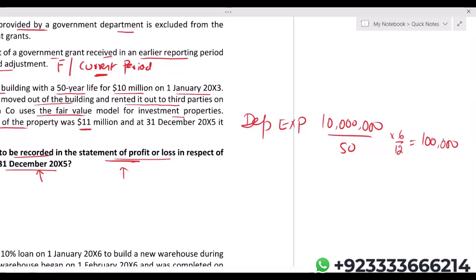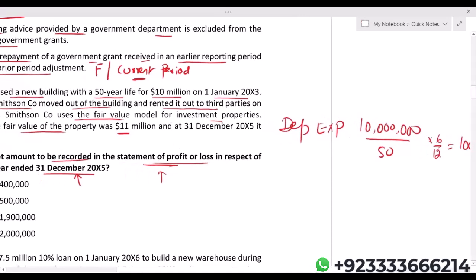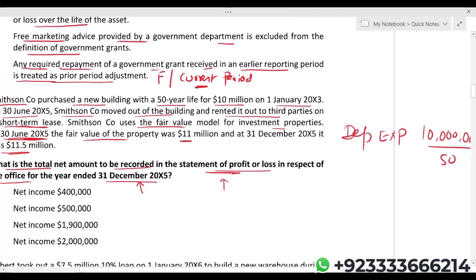When we are transferring a property from IAS 16 to IAS 40 investment property fair value model, before transferring, we have to first bring our property, plant and equipment to the revalued amount, which is 11.